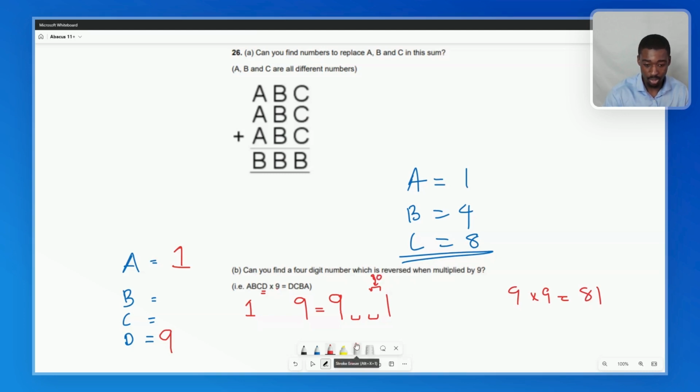And the reason that's important is because if we simply put this 8 here and we say, okay, that's going to be an 8, that would mean that B is 8, which means there has to be an 8 here as well, which wouldn't work, because if B is 8, that means we're doing 8 hundreds times 9, which is 7,200. And adding that 7,200 to our existing 9,000 will take us way over the 4-figure limit, DCBA.